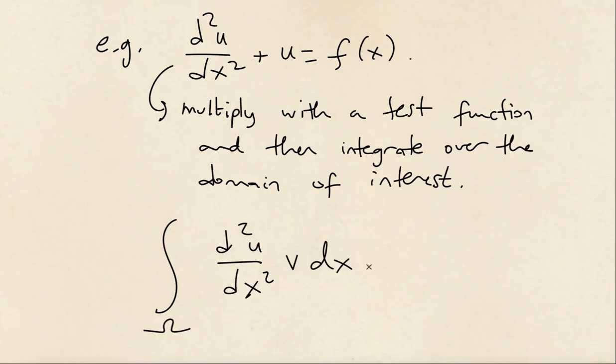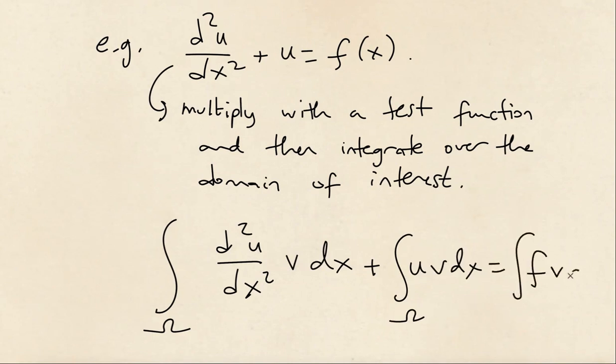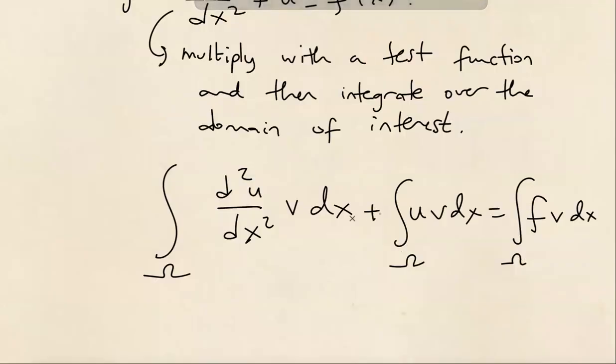Like the integral of the derivative terms plus integral of u v dx is equal to integral of f v dx over omega. So we're going to deal with integral equations. That is actually going to require us computing some integrals, for example, this one.